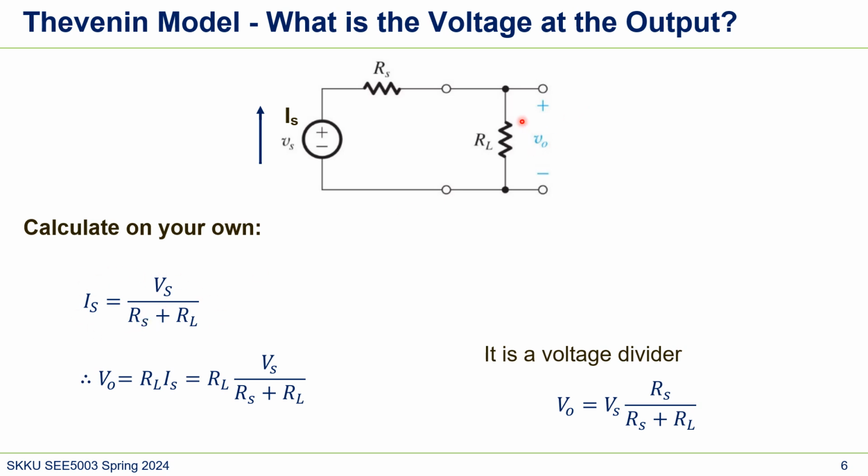And the voltage over this resistor is also Ohm's law, V equals Ri. We know Is now, so we substitute this Is in here, and the final equation looks like this. Well, actually, this is also a voltage divider, so you don't have to calculate Is. You can directly use the ratio of Rs and RL.